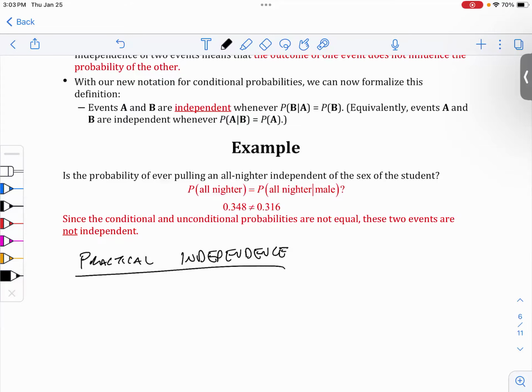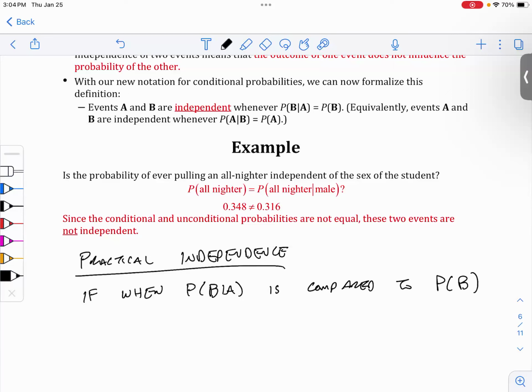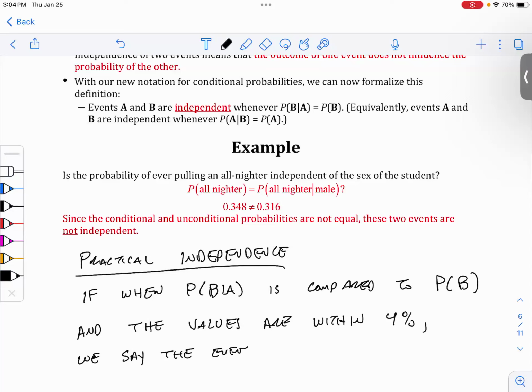If, when the probability of B given A is compared to the probability of B, as it says in the definition right there, the values are within 4%, we say the events are practically independent.